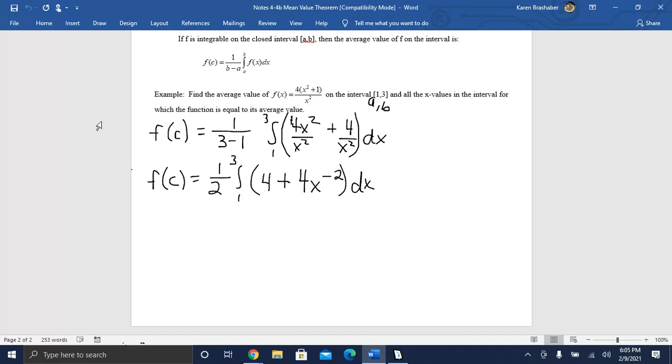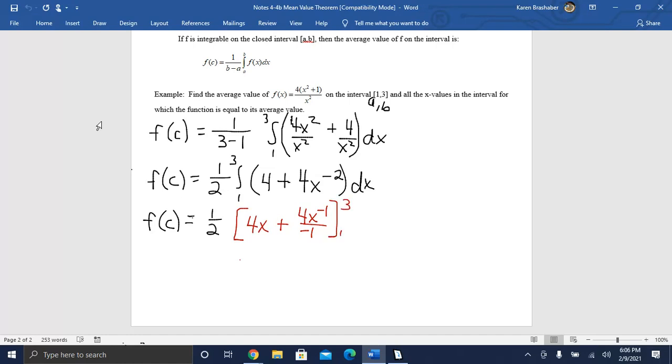So at this point, I would be ready to integrate. So I'll have f of c equals 1/2, and then my integral using the power rule is going to be 4x plus 4x to the negative 1 over negative 1, evaluated from 1 to 3.